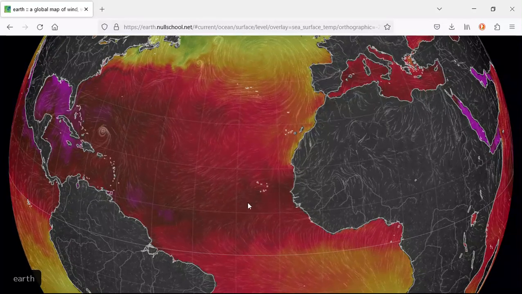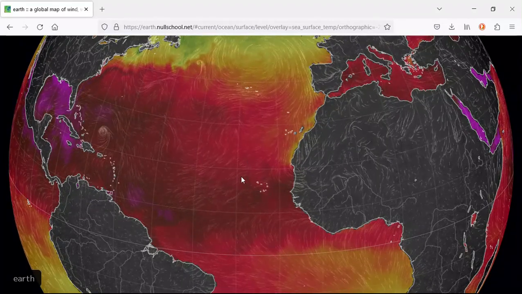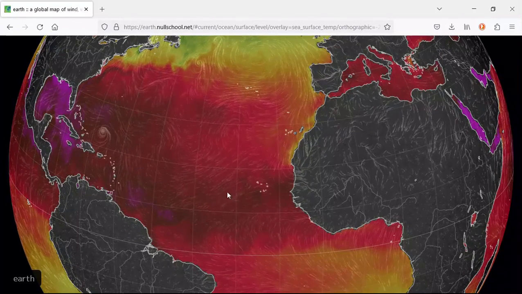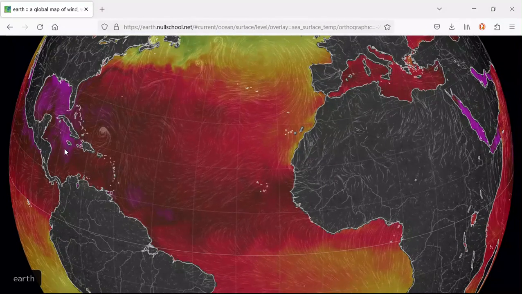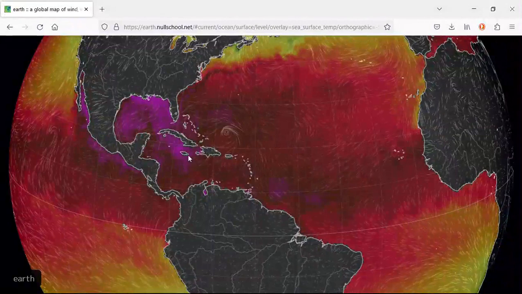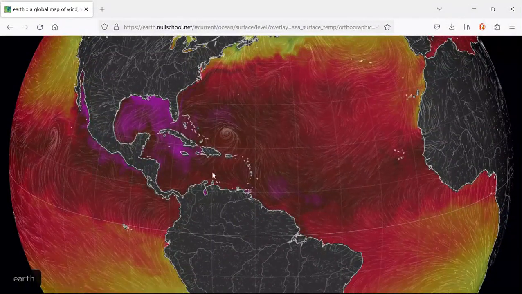And so these hurricanes typically start off as little low pressure tropical disturbances somewhere in this general area, keeping in mind that during our, let's say, winter and spring, the formation is typically going to be more in this particular area.